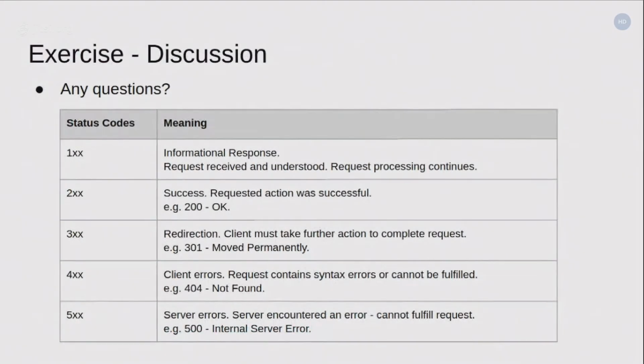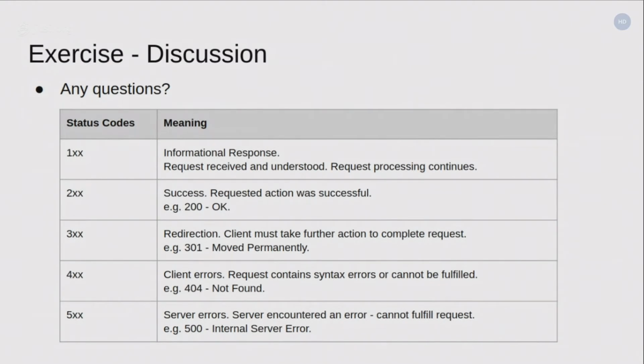Any questions about the status codes? Go ahead. So the status codes, I do have an overall slide here about status codes. There's 100 type status codes, which I don't see very often, and I'm not a web server admin, so I don't really see a lot of what goes on with the web server side of things.